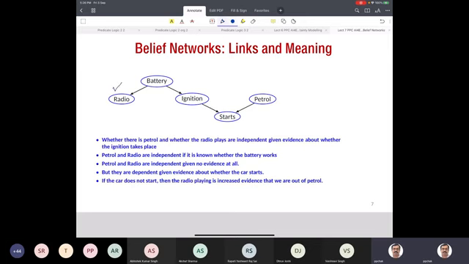Whether the radio plays or whether there is petrol is independent of the ignition because it is not influencing it in any way. Petrol and radio are independent if it is known whether the battery works. Petrol and radio are also independent given no evidence. But they are dependent given whether the car starts.